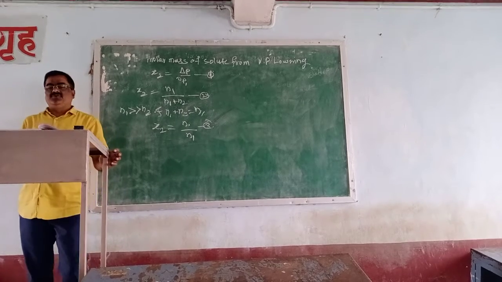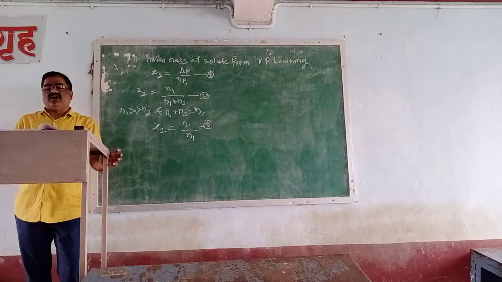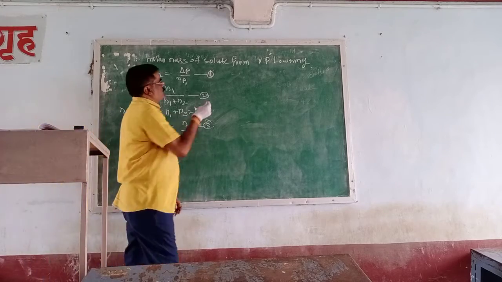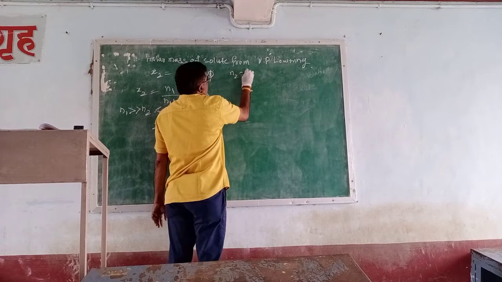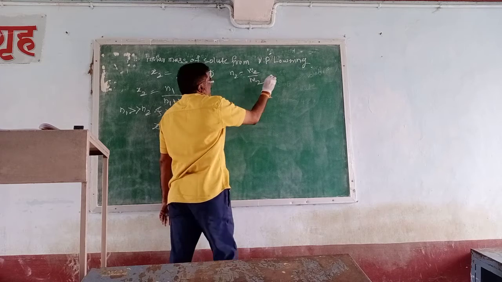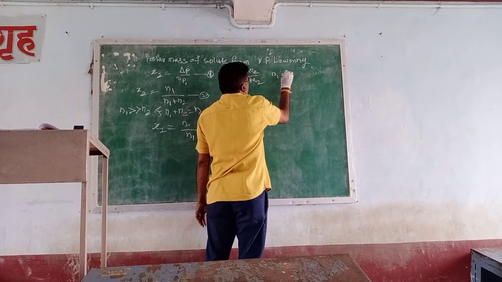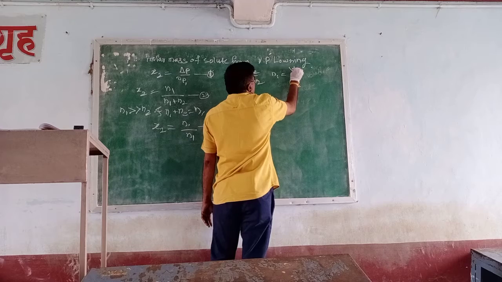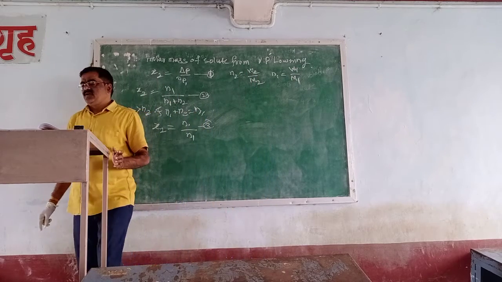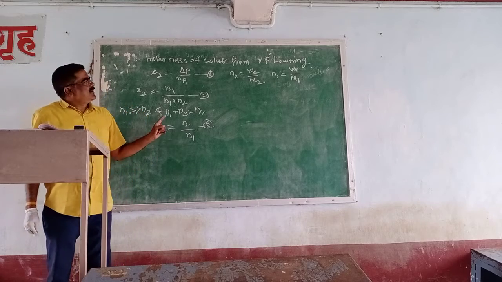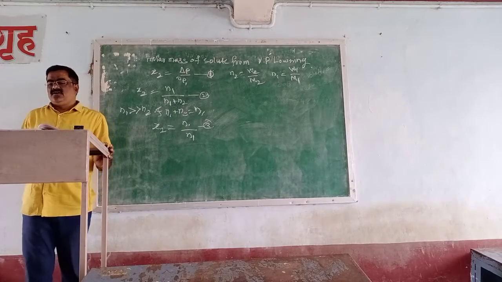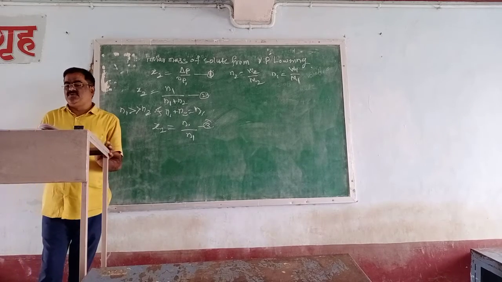The moles of the solute and the solvent in the solution are n2 is equal to W2 upon M2, and n1 is equal to W1 upon M1, where M1 and M2 are the molar masses of the solvent and the solute.